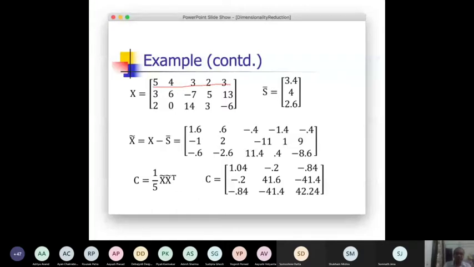There are 3 dimensions. Similarly, 41.6 is contributing to that variance, and 42.24 is contributing to that variance. Is it clear? Okay.